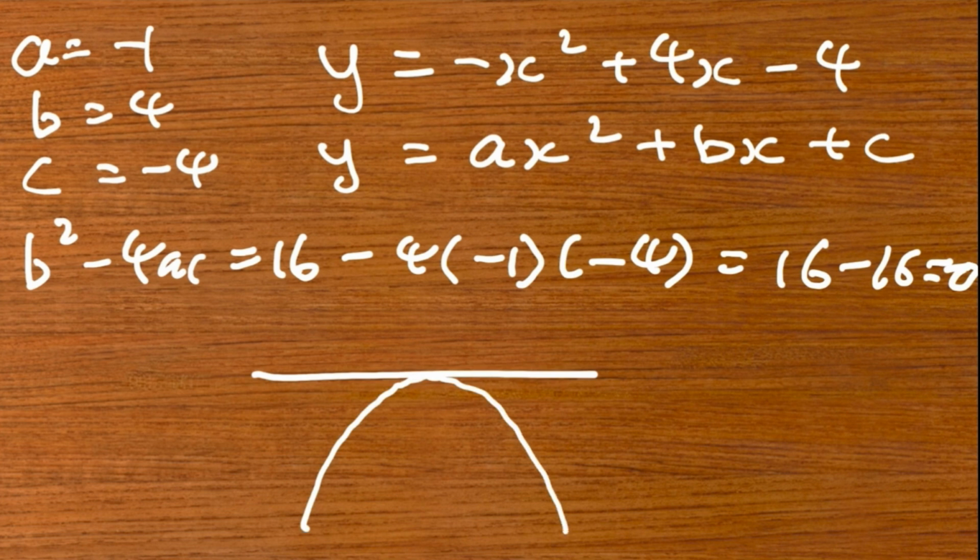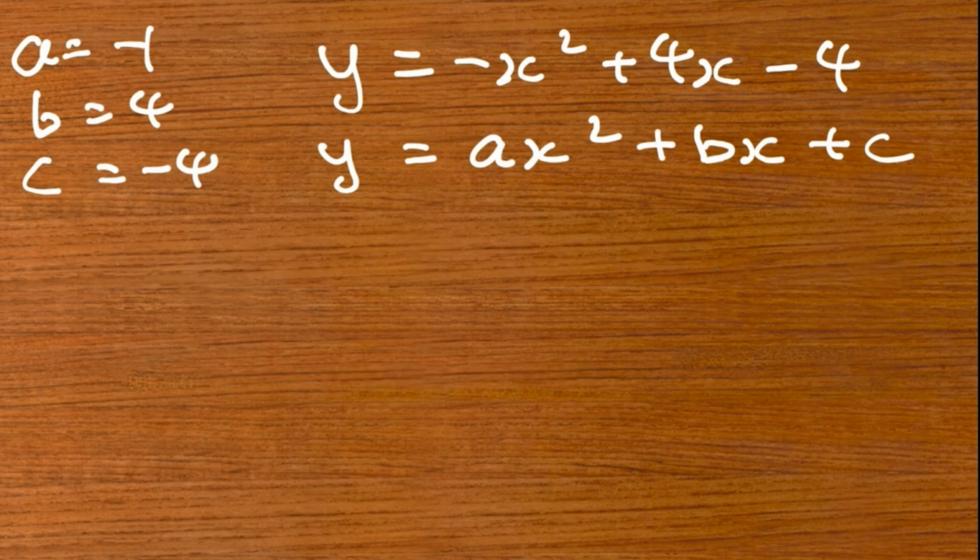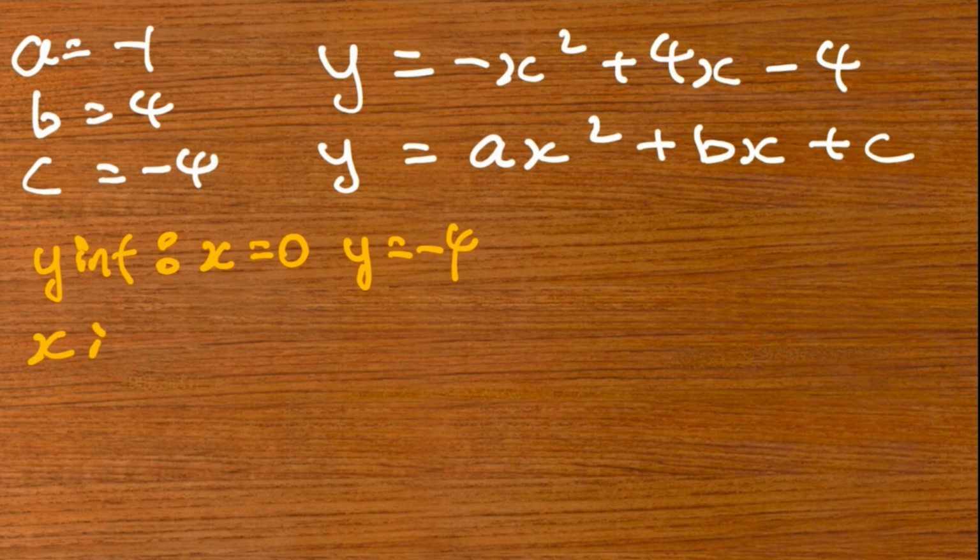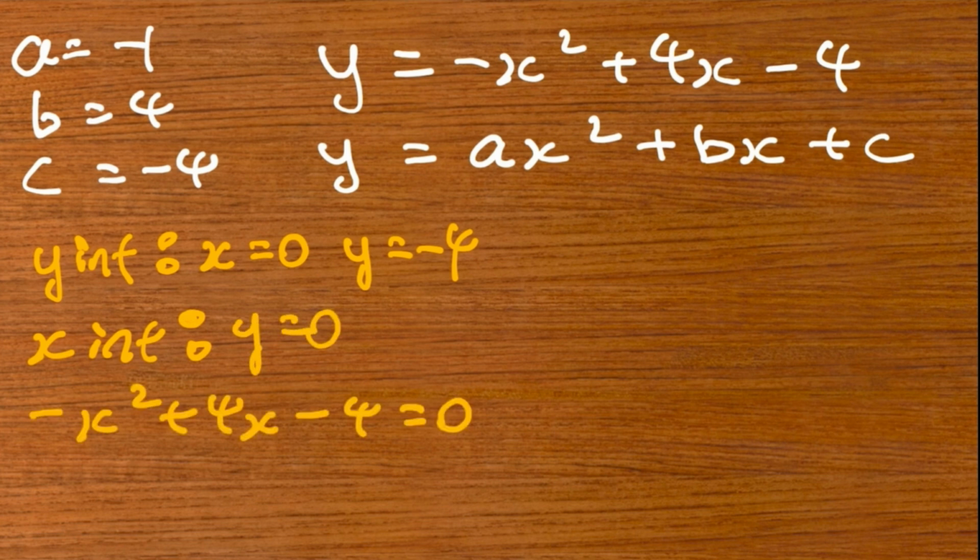It will touch the x-axis once. The y-intercept of the graph, by letting x be 0, is equal to -4. Similarly, for the x-intercept of the graph, we let y be 0 as usual, and we shall use the quadratic formula to find the x-intercepts.